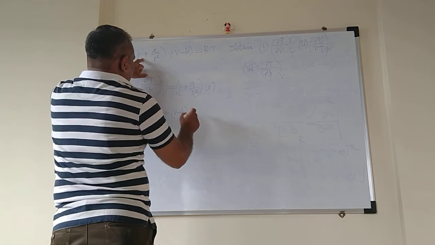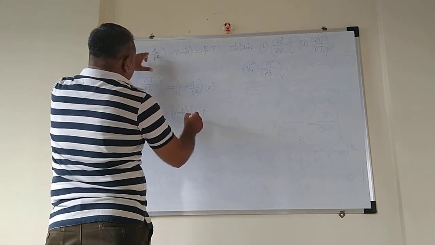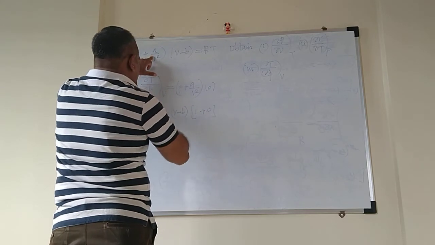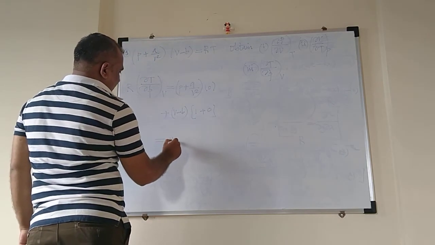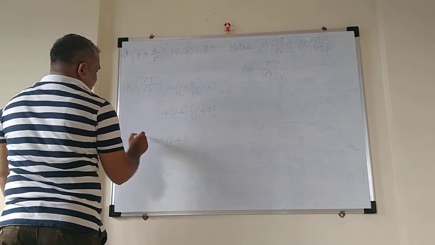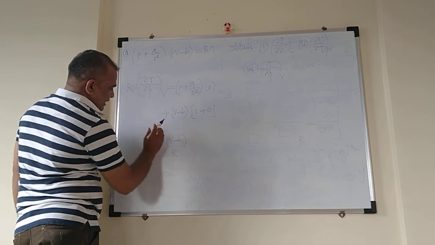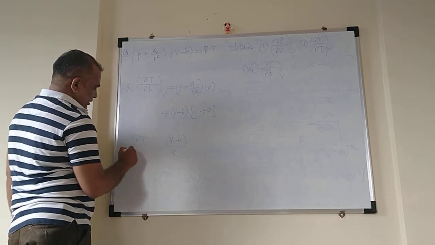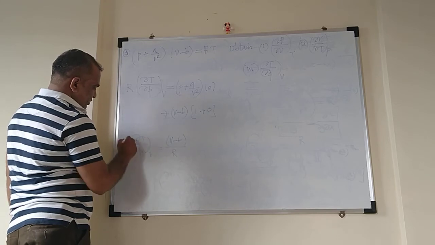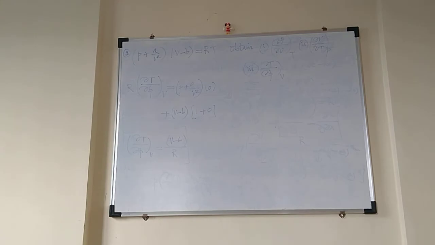Differentiation of the first term with respect to p is 1, plus differentiation of the second term is 0, so this 0 will give you 0 value, and finally you will get v minus b only. I can transfer this r to the other side, and therefore dou t by dou p at constant volume is equal to v minus b by r. So that's the answer for your problem.